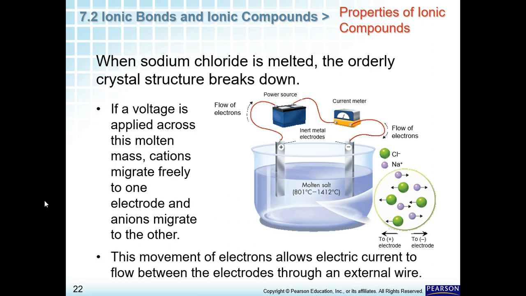So when sodium chloride is melted and broken down, if I hook it up to a power source, an electric current will flow through this water and complete a circuit. So if a voltage is applied, cations migrate from one end to the other through the water, and it completes a circuit.